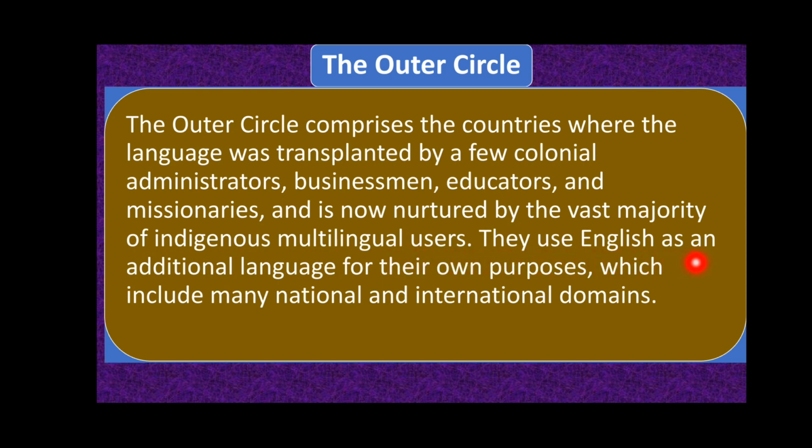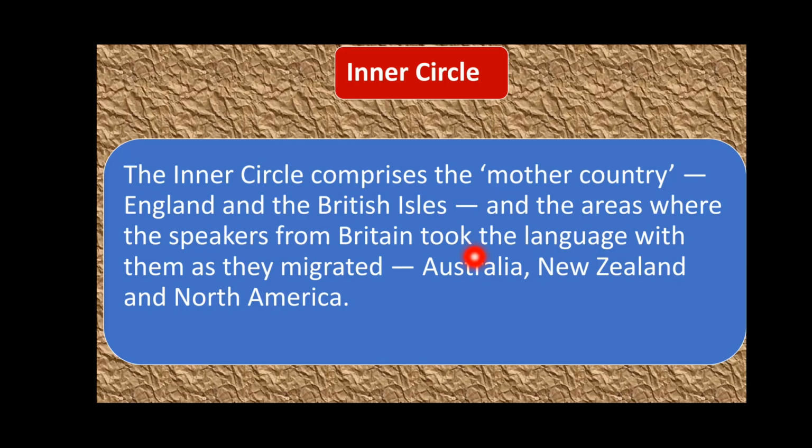They use English as an additional or second language for their purposes, which include many national and international domains. So what is the outer circle? The outer circle of the English world is those countries that the British made their colonies, not through migration. The first, the inner circle, was through migration, like Australia, New Zealand and North America, which are mother countries or native.